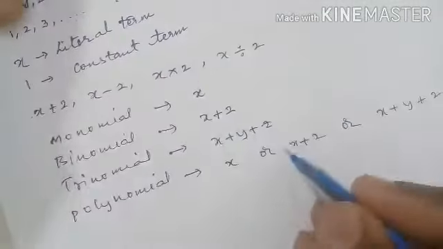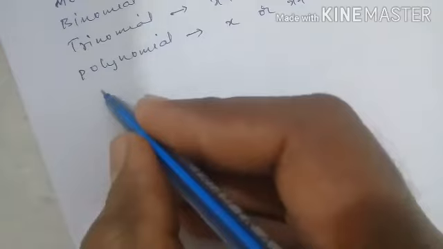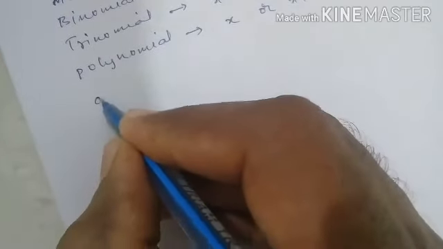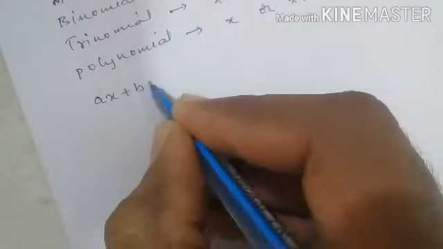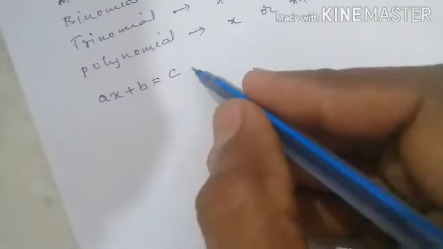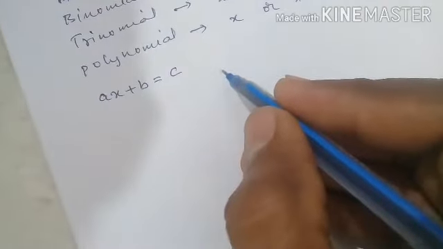Now let us see an equation. Equation means the expression which contains an equal symbol. For example, ax plus b is equal to c. Now ax plus b is equal to c is called a simple equation or a linear equation.